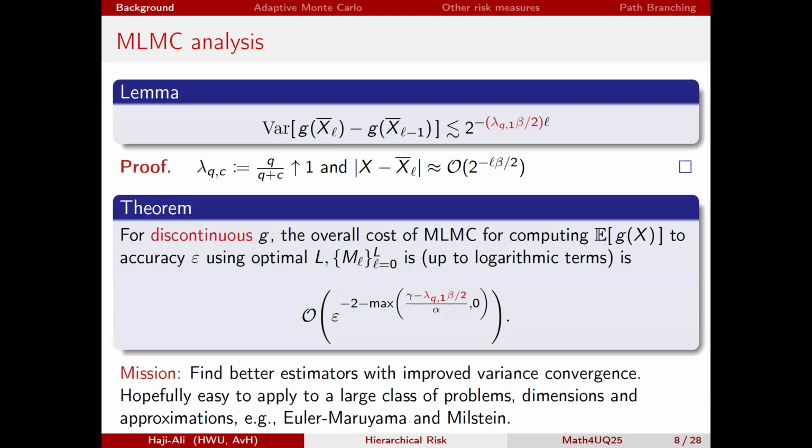And it turns out that's essentially the difference between XL and X, because we can relate the approximations to the exact sample. So for discontinuous G, this is the complexity, up to the logarithmic terms again. So now we have beta over 2 rather than beta.